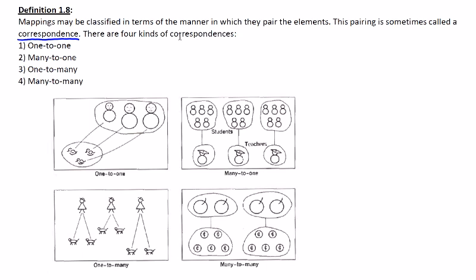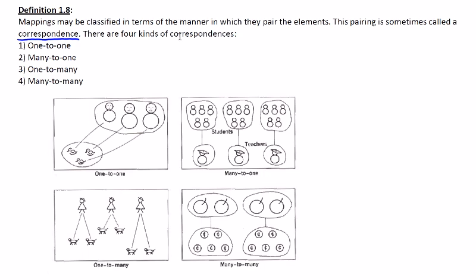And there are 4 different kinds of correspondences that we can come across here in our class. We have a one-to-one correspondence, which is typically regarded as the nicest and the simplest of all the correspondences. Then we would have a many-to-one correspondence, after that a one-to-many, and then finally a many-to-many type correspondence.